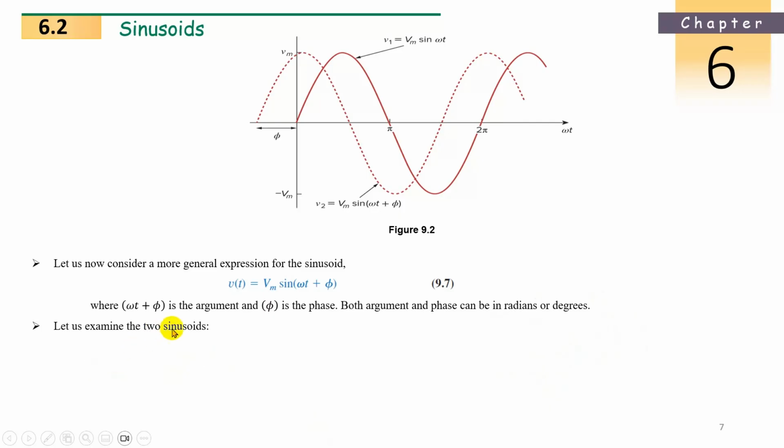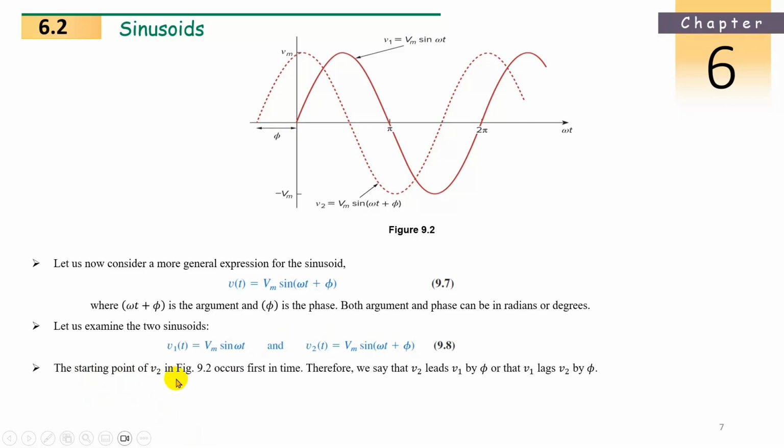Okay, now let us examine two sinusoids, V1 and V2. V1 of t is Vm sin omega t, and V2 of t is Vm sin omega t plus phi. The starting point of V2 occurs first in time.